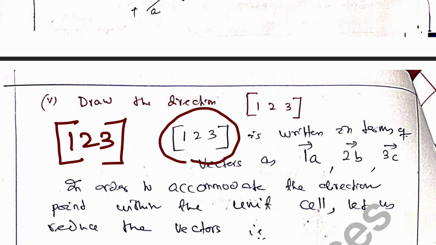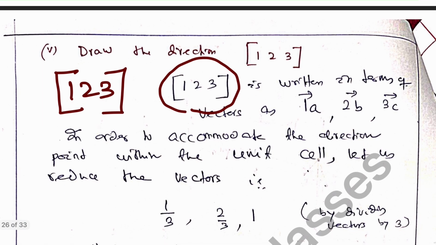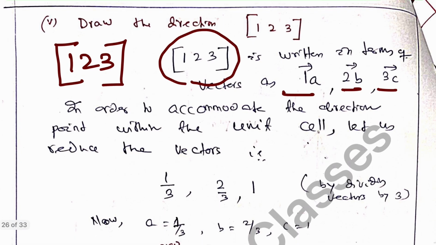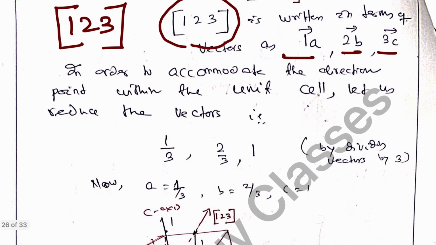It is not the phase symbol. So how can you indicate this direction? If you take the vectors, it will be 1A, 2B, 3C. So first we will take along.